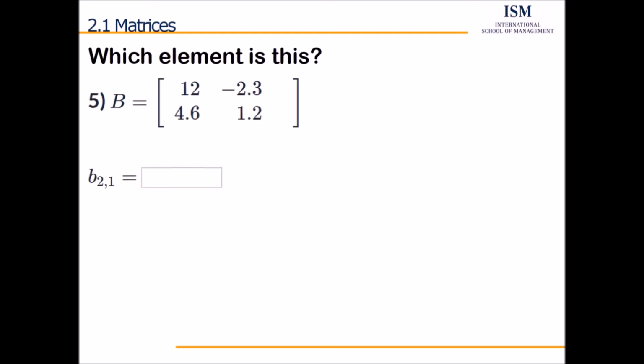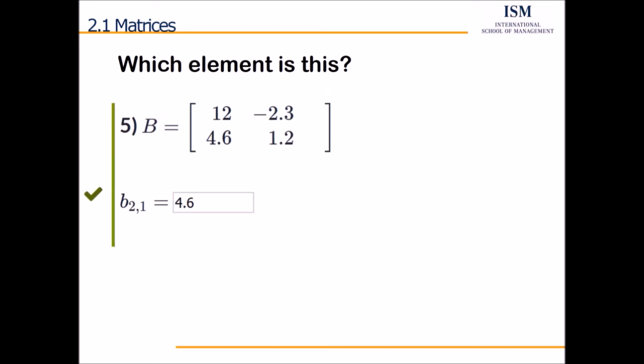Question number 5. Which element is this? The solution is the element B 2,1 is the number in the intersection of the row number 2 and the column number 1. Therefore, the answer is element B 2,1 in matrix B is the number 4.6.